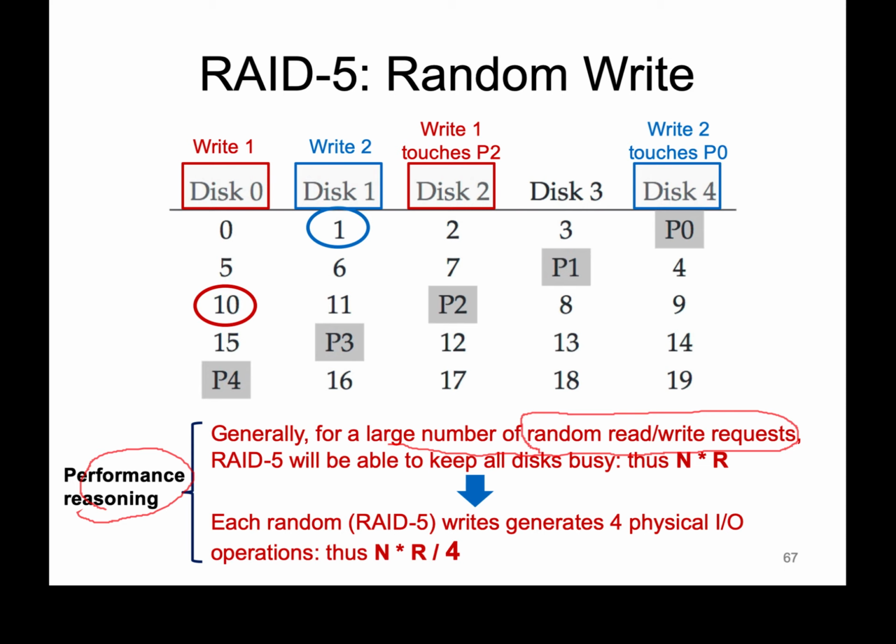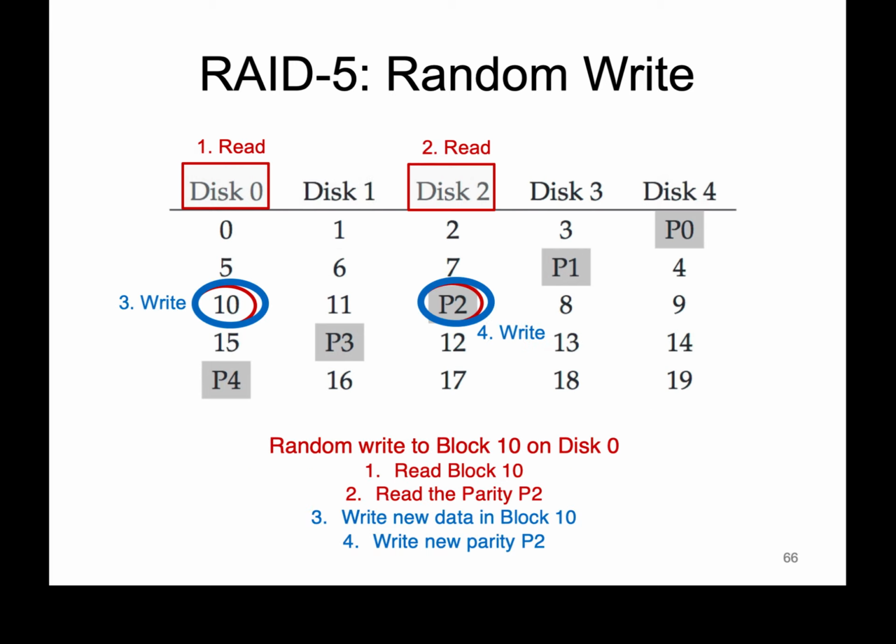So this is why we see this n times R. But this n times R has to come with a decreasing factor, because, as already shown in the previous example, each logical IO gets effectively translated into 4 physical IOs. So that's why we have n times R divided by 4 as the random write performance analysis.